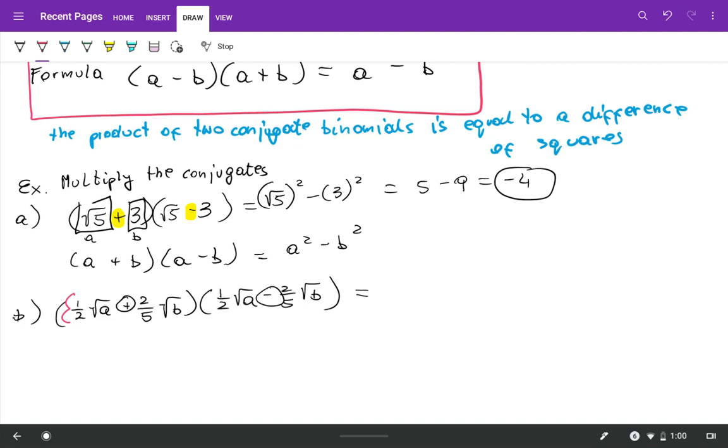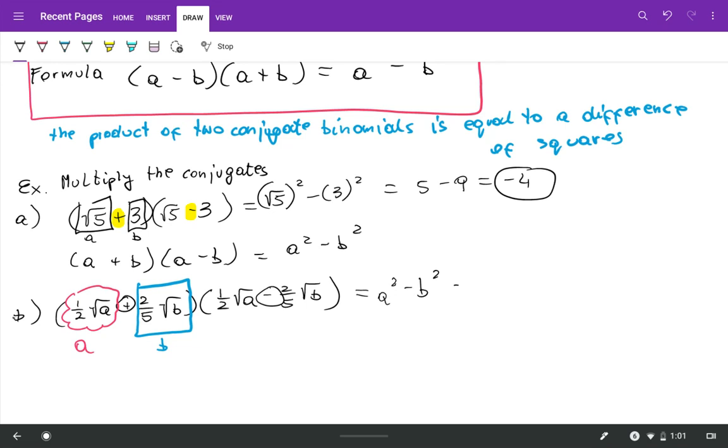Okay. So here you also have conjugates, so you see the same expressions but just opposite operation. So we have conjugate. 1/2 square root of a will be a from the formula, and 2/5 square root of b will be b from the formula.